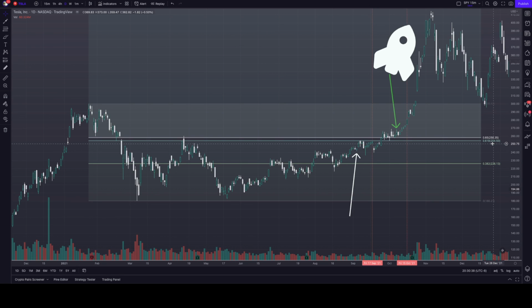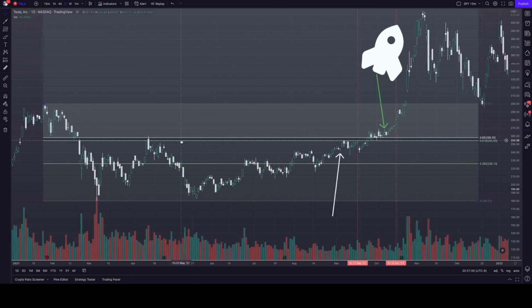If you guys want me to make a video about Fibonacci retracements and how I use them for both short-term and long-term cycles and to create both support and resistance levels, let me know in the comments. I can make a video about it. Now I'm going to focus on this. First of all, over here, we got a first rejection in the golden ratio, in the golden pocket, around April 2021.